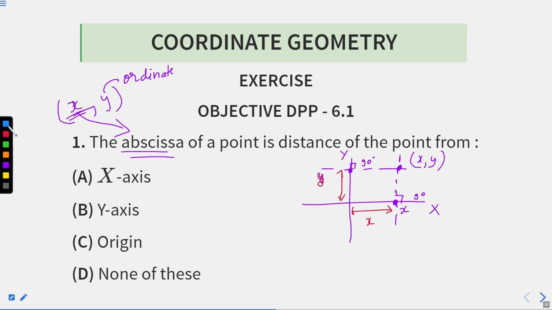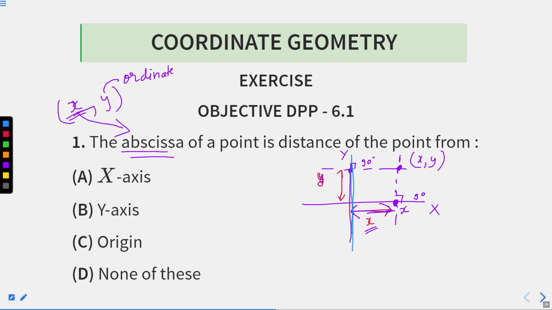Okay, and the question is saying the abscissa of a point. The abscissa of a point is the distance. So abscissa is here. It is the distance of a point, so this distance. This distance is x, and this distance is from where? This distance is from the y-axis.